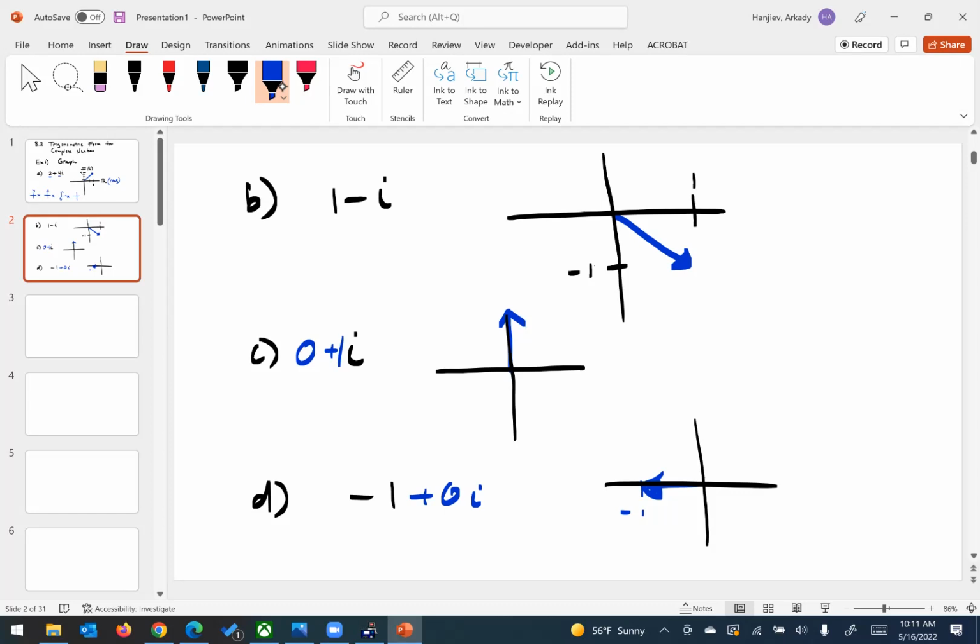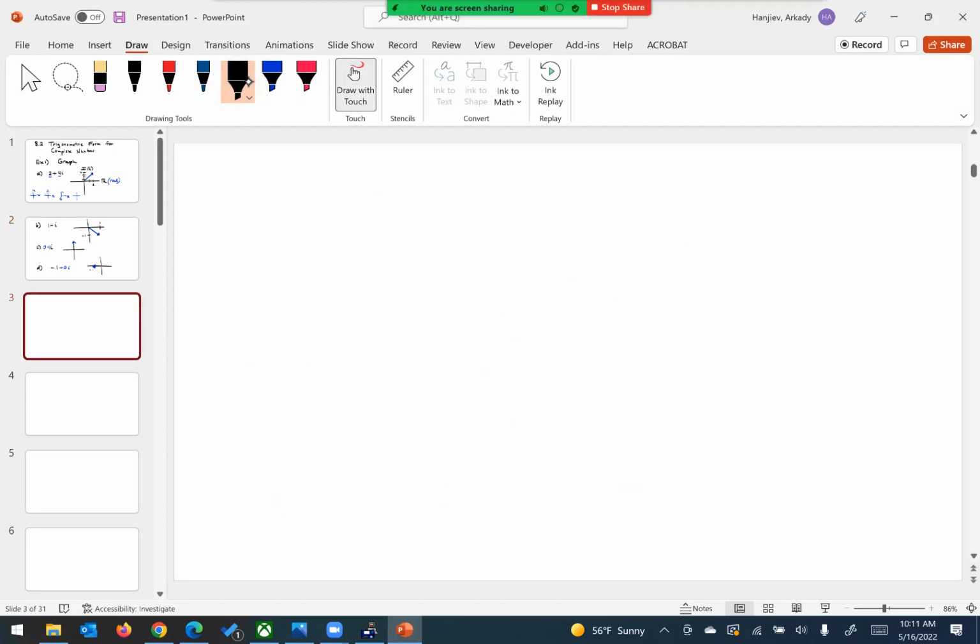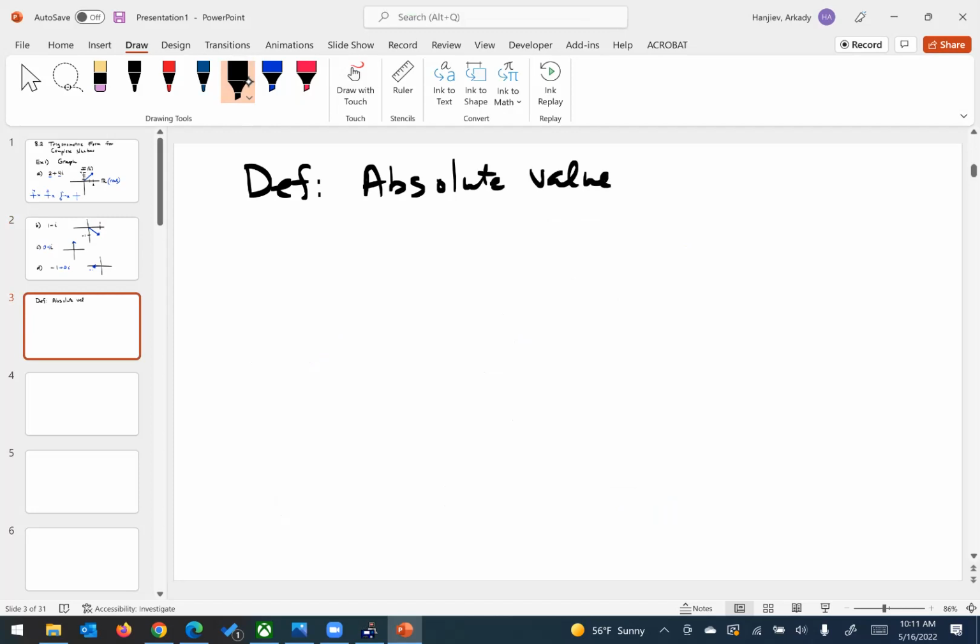Okay, so definitions here, and then tell me if you need to go back. Definitions, absolute value, or sometimes referred to as the modulus. I'm going to put z as the complex number here.